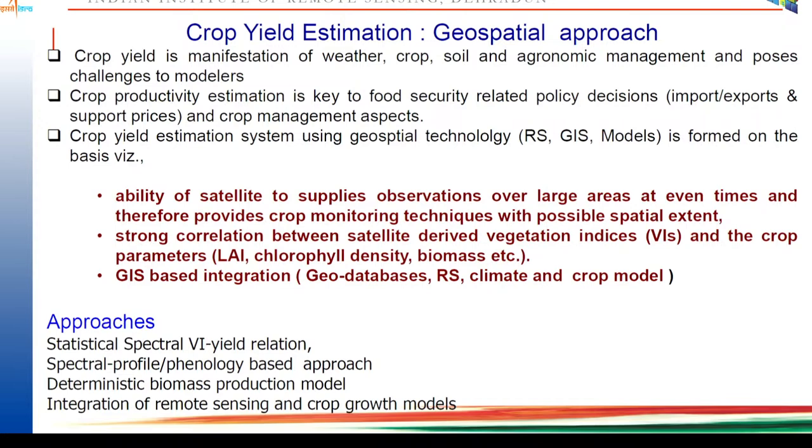Crop yield is not simple; it is a challenging task to estimate or map crop yield, because crop yield is a manifestation of weather, soil, crop and agronomic management. All these factors affect the crop yield or productivity.